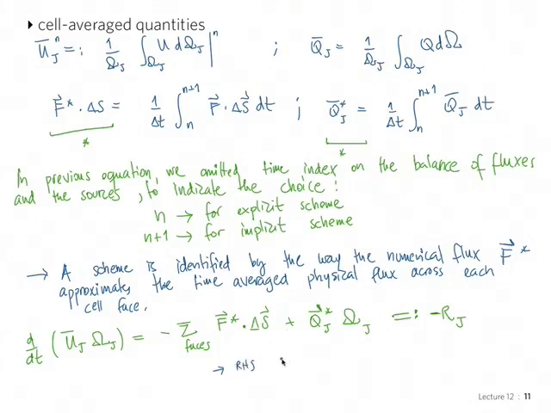It's just notation. Rj. So the residual Rj is simply the balance of the fluxes over a cell j plus the source contributions.